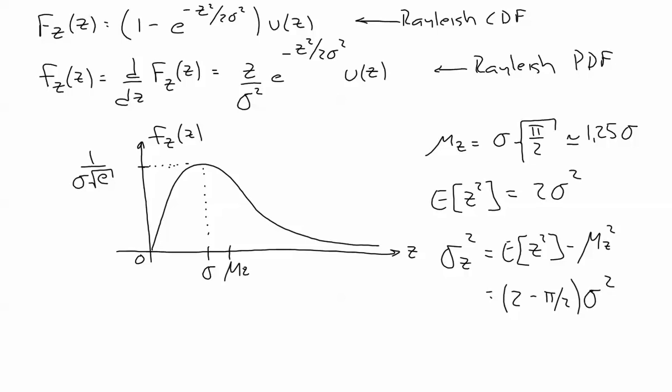That's just sort of a reminder. Okay? So that's how the Gaussian and the Rayleigh random variables are related to one another. All right. First example done.